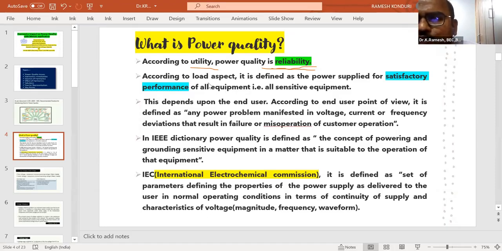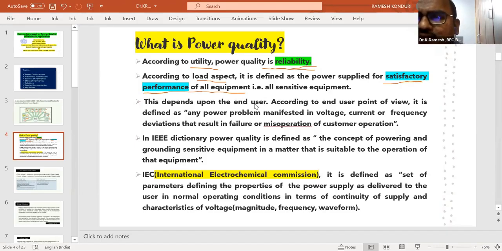According to the load aspect, there should be satisfactory performance of all the equipment. Whatever loads you are connecting in the system, they should be satisfactorily operated.